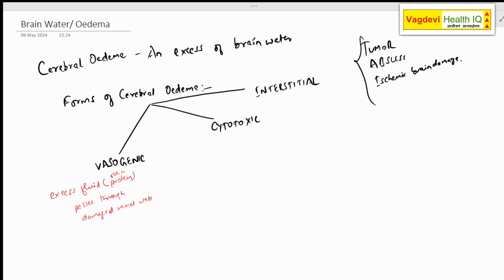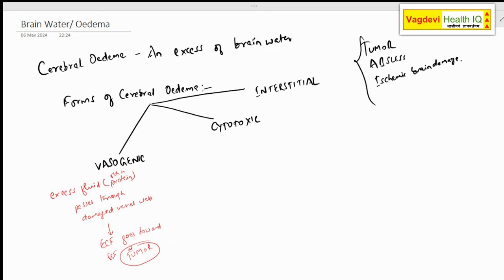So ECF gradually goes towards the CSF. In case of a tumor, it could happen. Example, tumor. It may aid even the clearance.